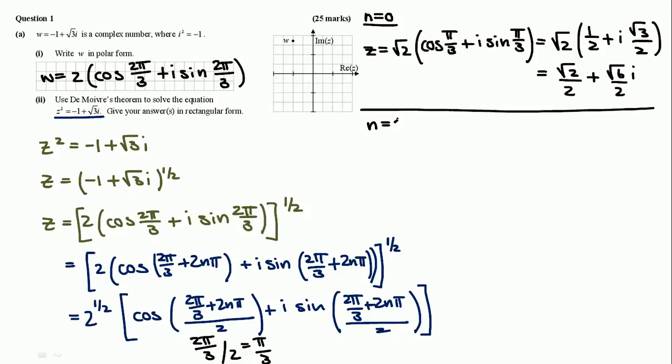So now I let n be equal to 1. z is equal to the square root of 2. So when n is equal to 1, this is going to simplify to give me 4 pi over 3. So I have cosine 4 pi over 3 plus i sine 4 pi over 3.